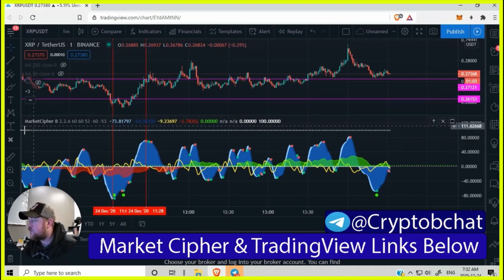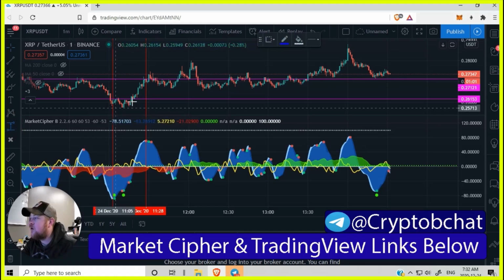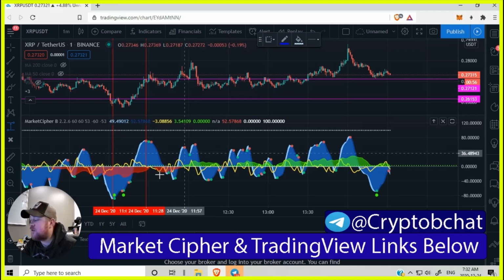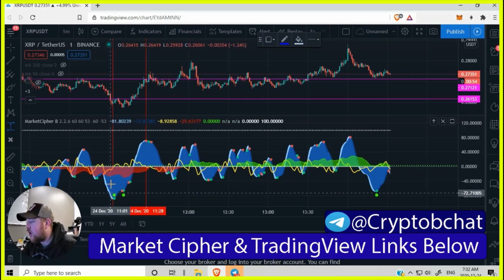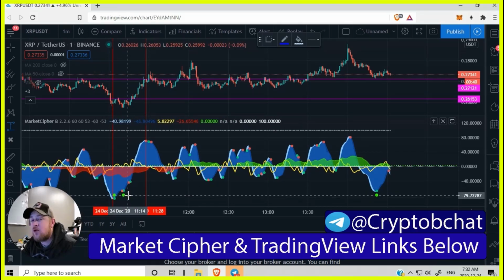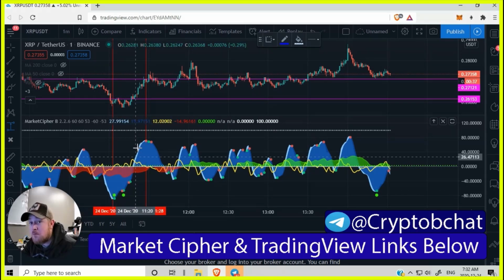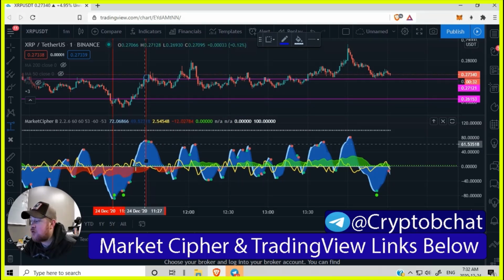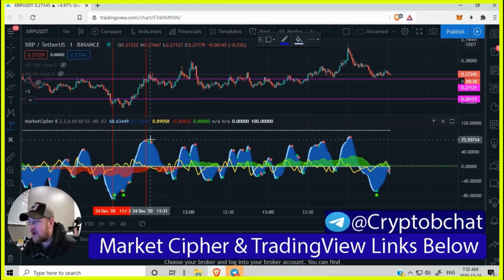So what we have here now is what you would have made on, let's call it just a 10x leverage for fun, because you bought on the green dots, the VWAP passed through the upper line, right? You waited for it to come above the zero line and sold on the red dot above the zero line, right? Because with Market Cipher, what goes down must come up in the 1 minute. That's why we watch the 1 minute for scalping, because what goes down must come back up.